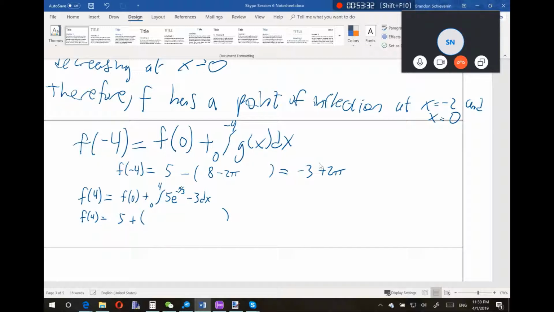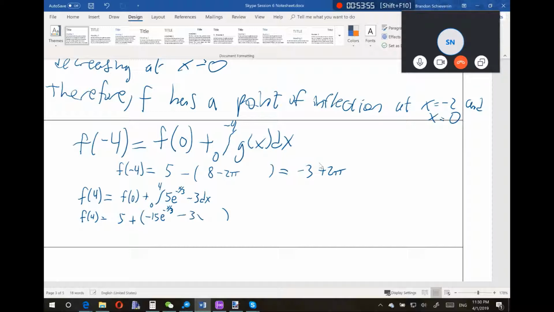E to the negative x over 3 times negative 15. Okay, perfect. And then what happens if I integrate negative 3?